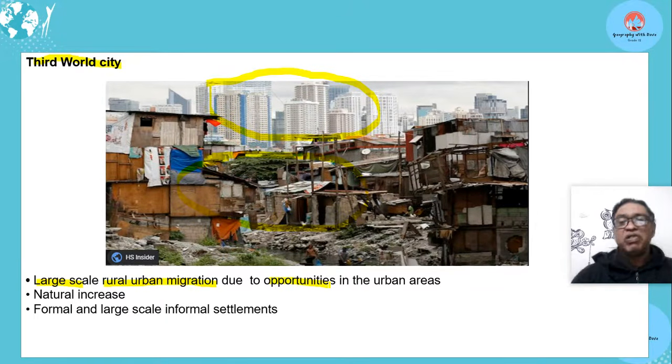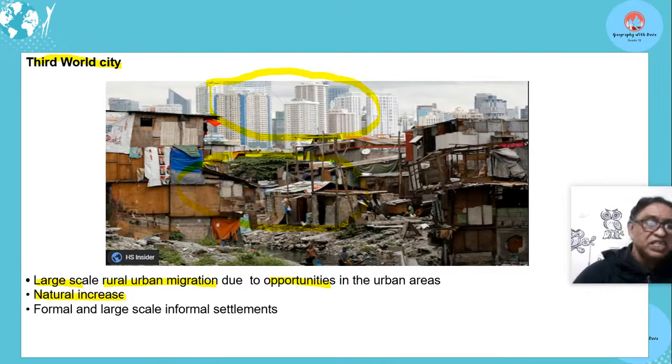You know all the opportunities you did in rural areas: better jobs, better education, pull factors that draw them to the urban areas. Of course, there's a natural increase. It's not that people are not intelligent, they are, but lack of education doesn't allow people to be educated and think and work and employ themselves.